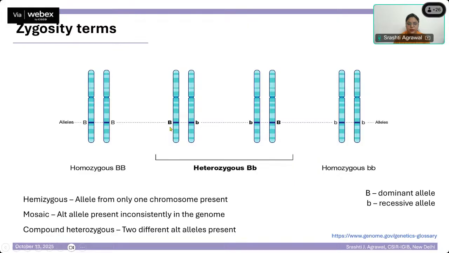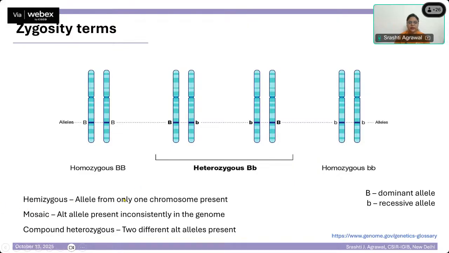If we have on one strand capital B and on the other strand small b, then we have heterozygous genotype. And if we have small b on both strands, we will have the homozygous small b genotype. Depending upon whether capital B is dominant or small b is recessive, the phenotype would be visible.